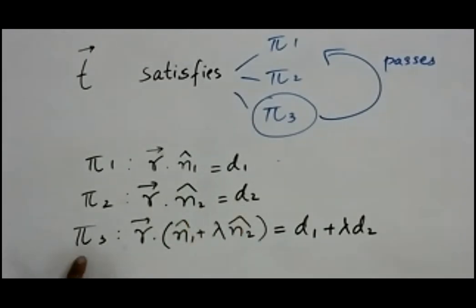It also satisfied the third plane, r vector dotted with n1 hat plus lambda times n2 hat equal to d1 plus lambda times d2. This is the vector form for the equation of the plane passing through the intersection of the given two planes.